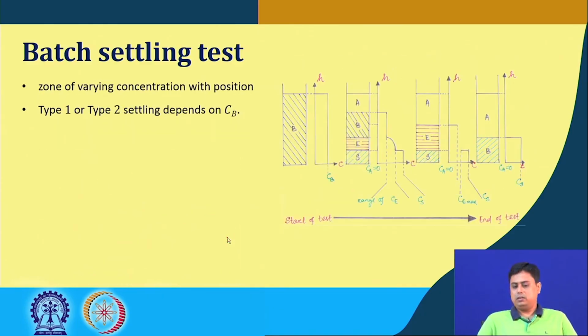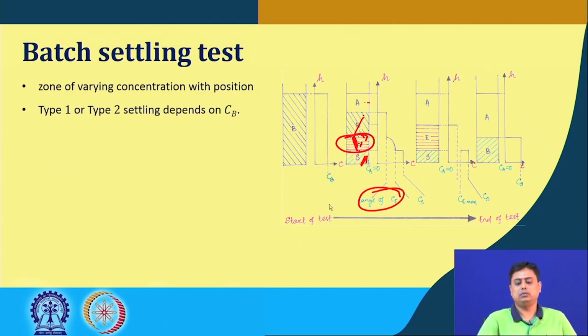The other type is that there will be the formation of a zone of varying concentration with position. So you have a clear section, the section with the initial concentration that you started with, and a clear sedimented section. In between there will be a portion of solids where the concentration will vary between the two extremes, the concentration Cs and the concentration Cb, and this will vary with position.